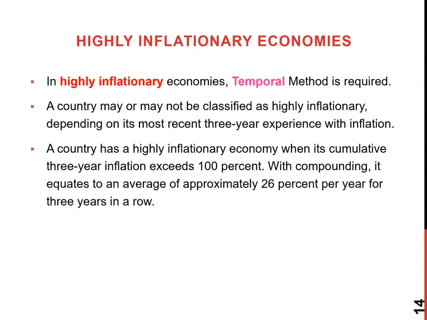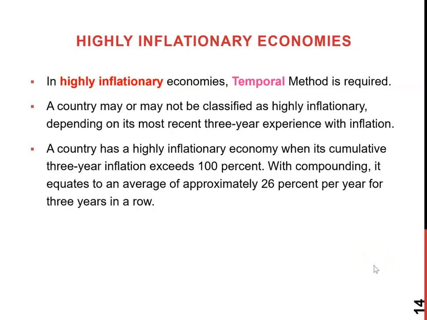That currency value will go down as opposed to the dollar value. So if you convert those into dollars, those numbers will be overstated or inflated. And that's why for a high inflationary economy, no matter what the functional currency is, you always have to use the temporal method. Now, how do we define an economy as high inflationary?